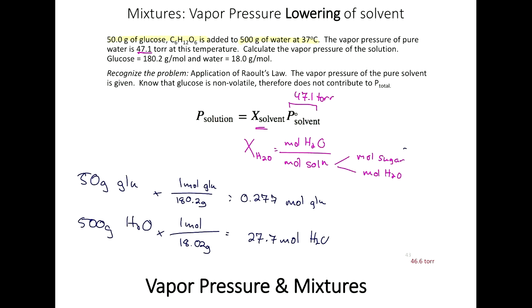We want moles of water here because this is mole fraction of water. So 27.7 moles of water over 27.7 plus the 0.277 value. And so we see that this solution is 99% water. That is mole fraction of water.